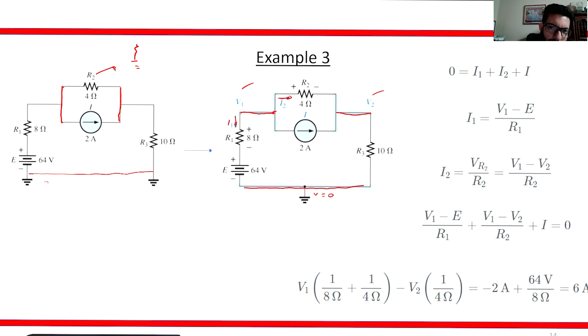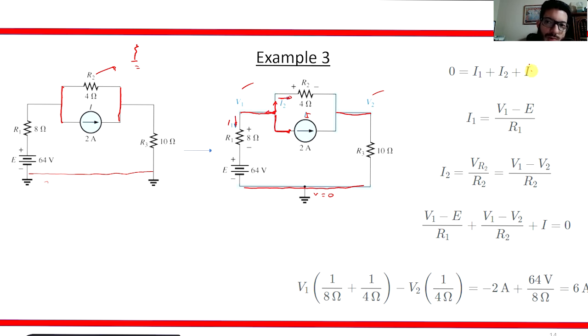This is going to be my node V1 and this is my other current I. So I1 plus I2 plus I equals 0, so all the currents are leaving the node.